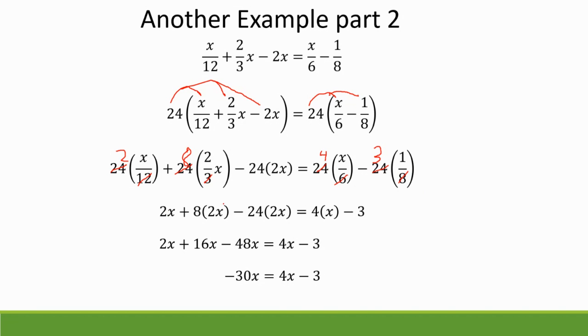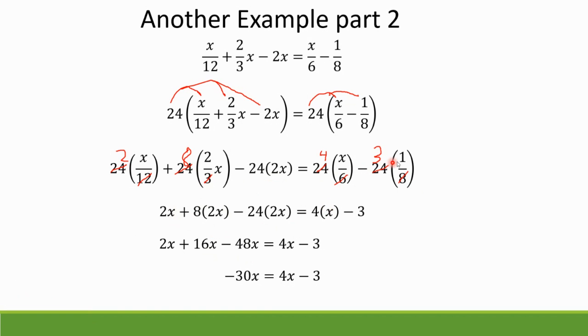And that's how we get the equation below it. Okay, so we have 2x plus 16, plus 8 times 2x, that's 16x. Minus 24 times 2, that's going to be minus 48x.